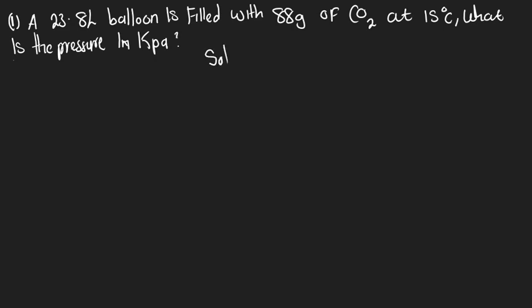We want to find the pressure in kilopascals. In the data, we have been given the mass of carbon dioxide, and they are saying it is 88 grams. We just want to collect the data.